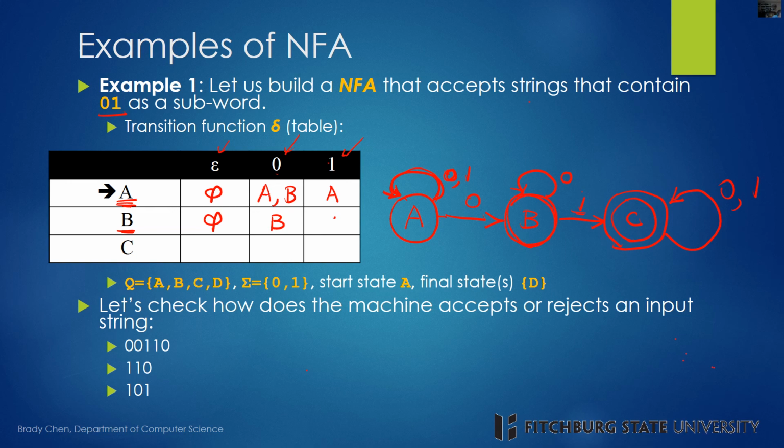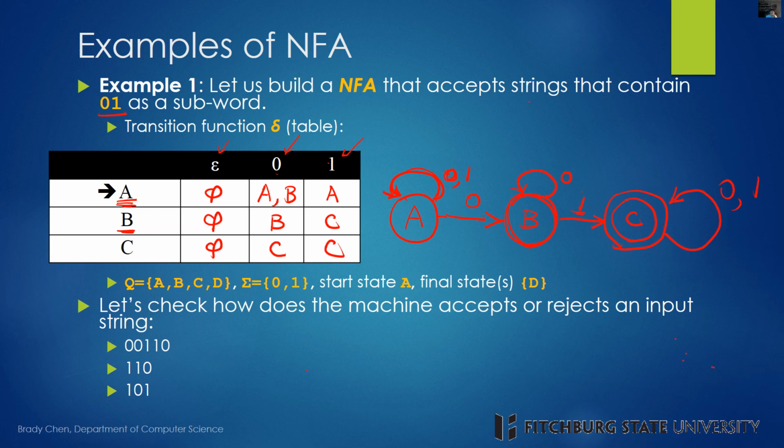Then it leads to C, the final state. Okay, same thing with C. If the input is epsilon, then it goes nowhere. And if the input is 0, it stays in C. Input is 1, stays in C.